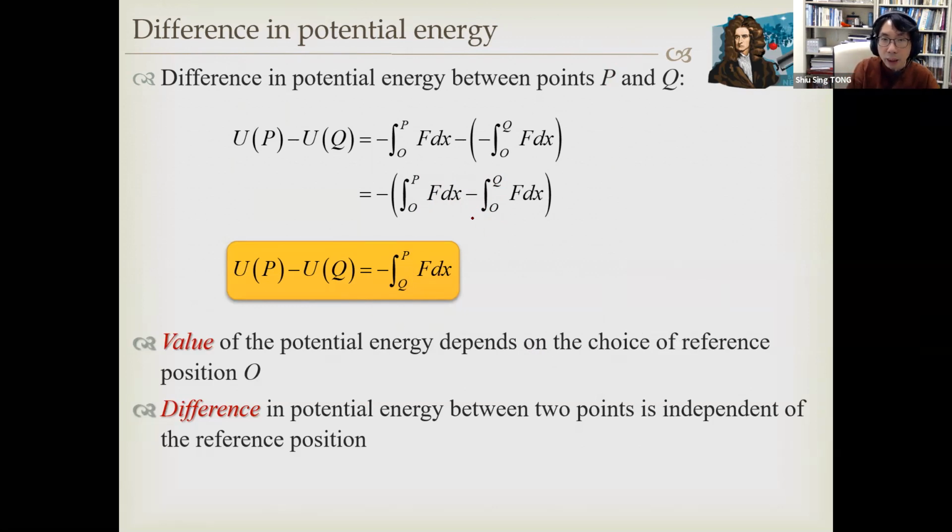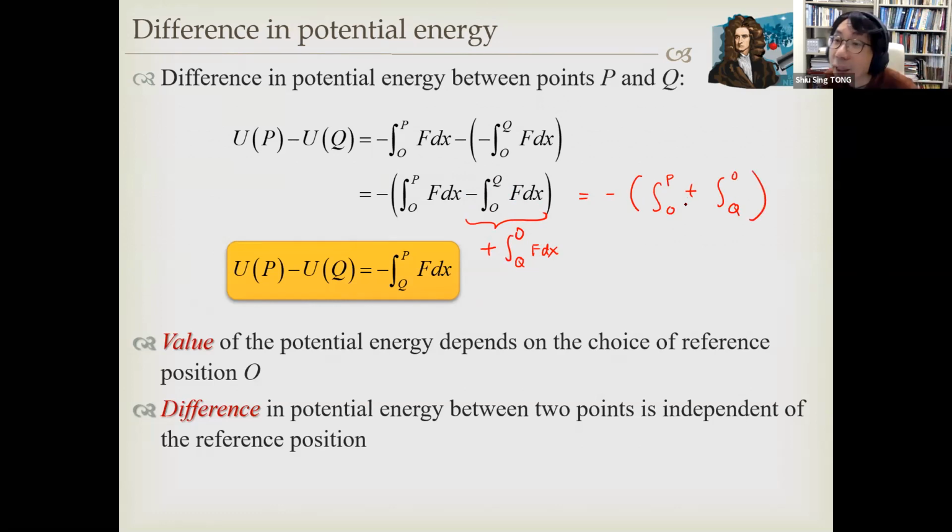Now here, I can write this integral as plus the integral from Q to O. I just invert this minus sign to a plus sign, and so I invert the upper and lower limit. So it becomes integration of F from Q to O. Now the part in the bracket will be integrating from O to P plus integrating from Q to O, right?